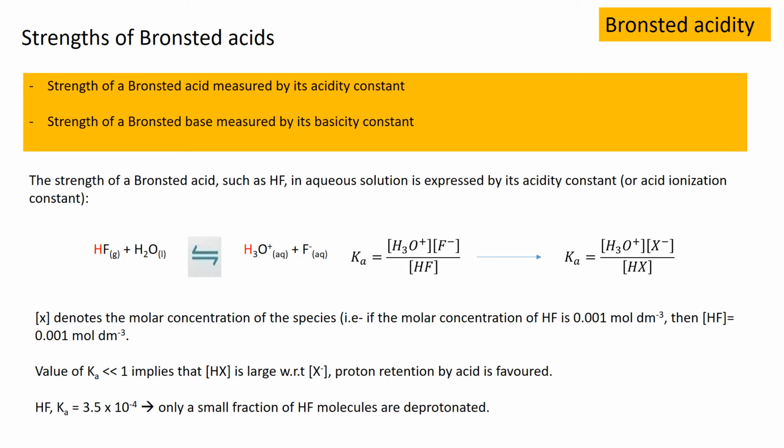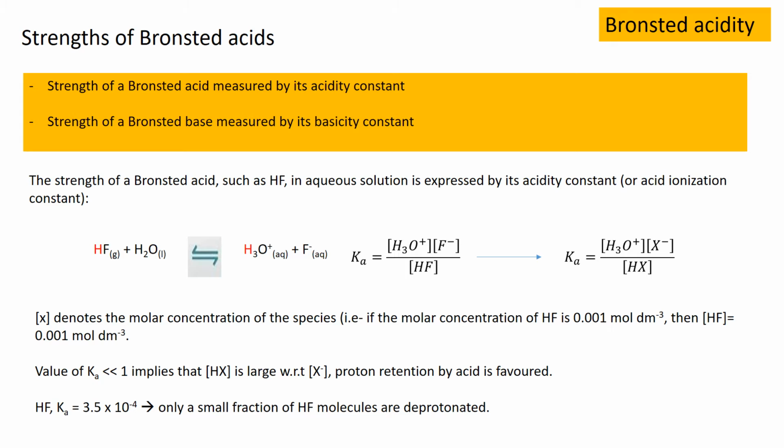A Ka value which is below 1 implies that the concentration of HX is very large with respect to X minus. What that tells us is that proton retention is favoured by the acid.